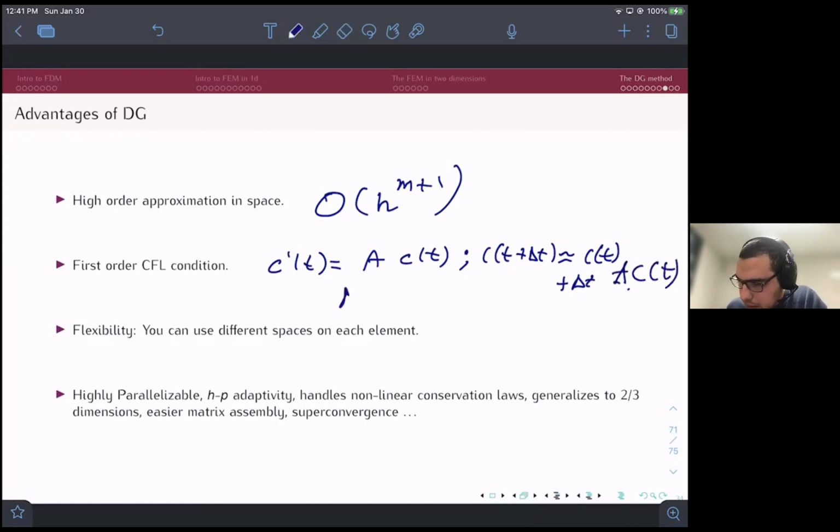And you need delta t times the spectral radius of the matrix A to be less than 1 for your method to be stable.